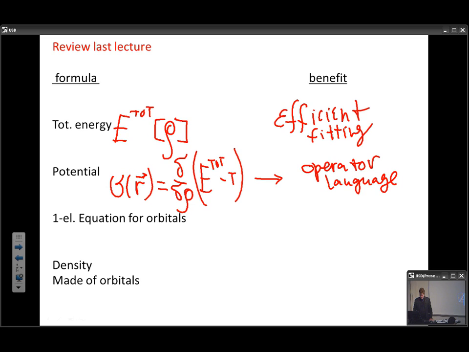Then we were talking last time that the bigger multi-electron Hamiltonian, with some specific approximations used in Kohn-Sham theory, can be represented as a summation of single electron small Hamiltonians, and they even use lowercase h for these one electron Hamiltonians.